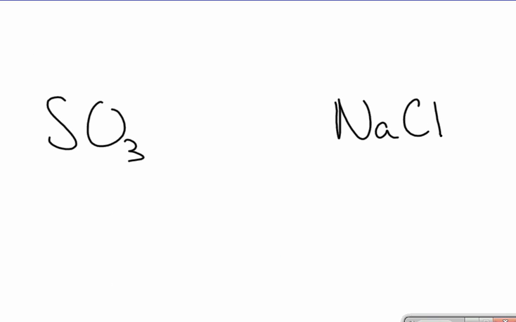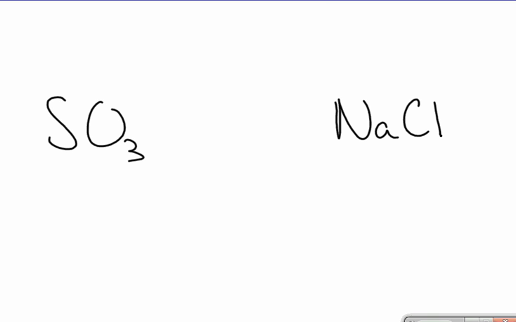Really quick, I want to cover this, just to cover my bases with you. The difference between an ionic compound and a covalent compound when it comes to the nomenclature and what each name particularly means. When you're talking about an ionic compound, this is sodium chloride.